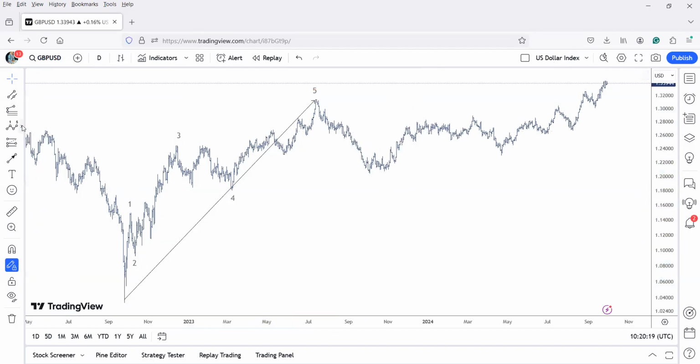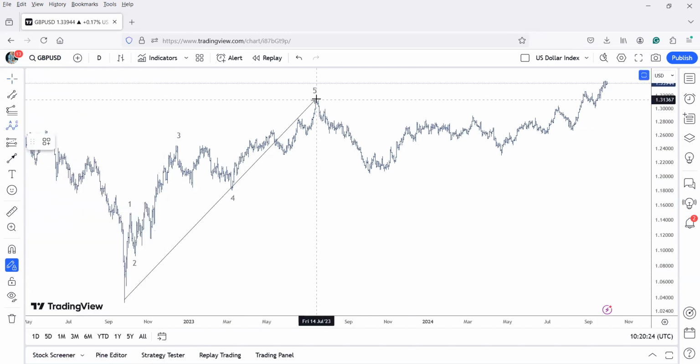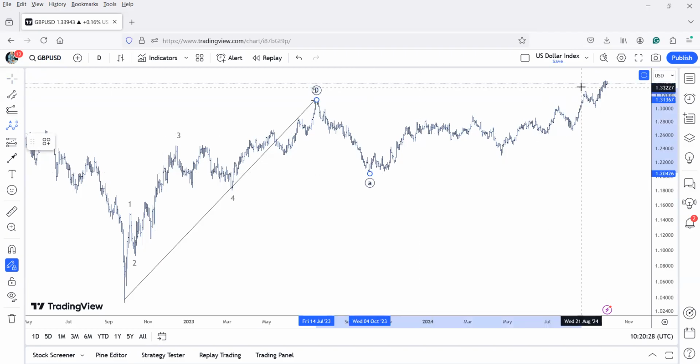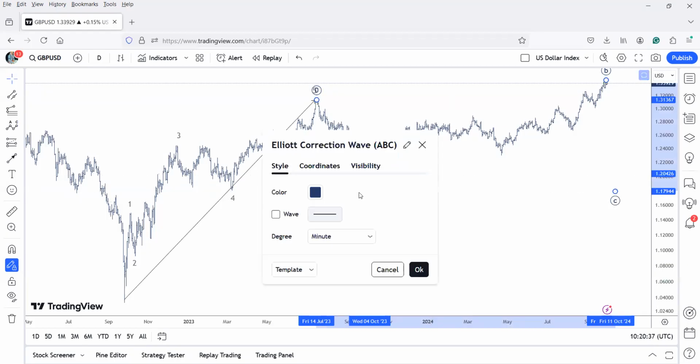I can then go for wave A, then that is wave B, a 38.2% pullback, and wave C. Again, this has to be minor.